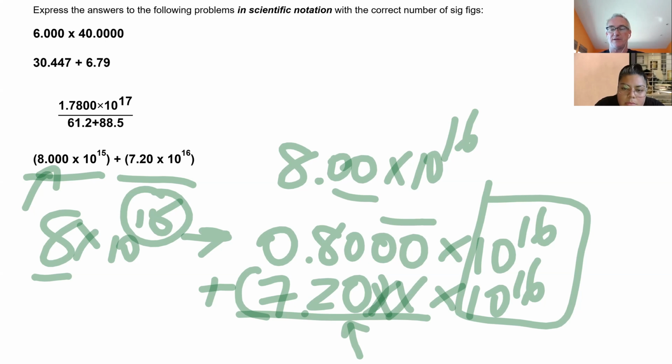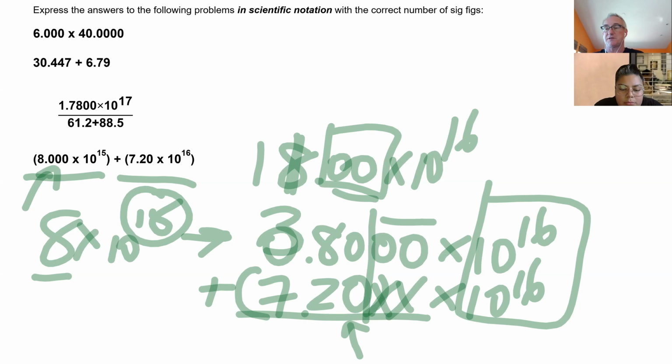For 7.20, we don't know what the next digits are, so we have to limit our precision right there, past the decimal place. If this was 3.80, our answer would be 11.00. So we'd have 4 significant digits, but still only 2 beyond the decimal place.